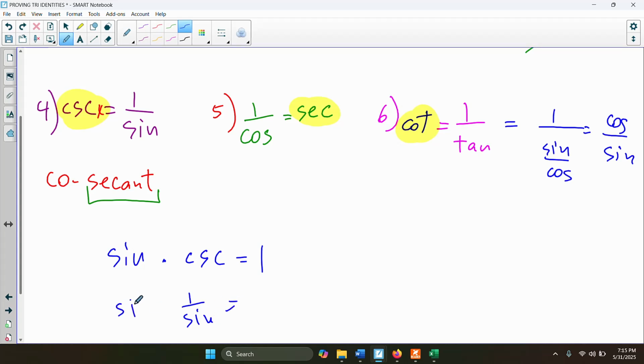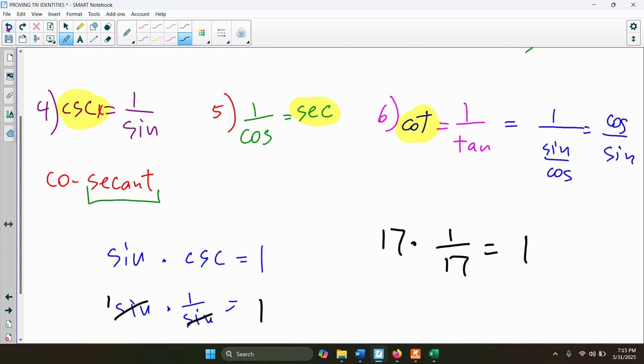So if I have sine times 1 divided by sine, automatically they cancel. It becomes 1 times 1, which is 1, right? So anything times its own reciprocal, and that applies not only to trig, but just in general. Like here, 17 times 1 divided by 17 equals 1. Okay, it's its own reciprocal. Remember, 17 is like 17 over 1.